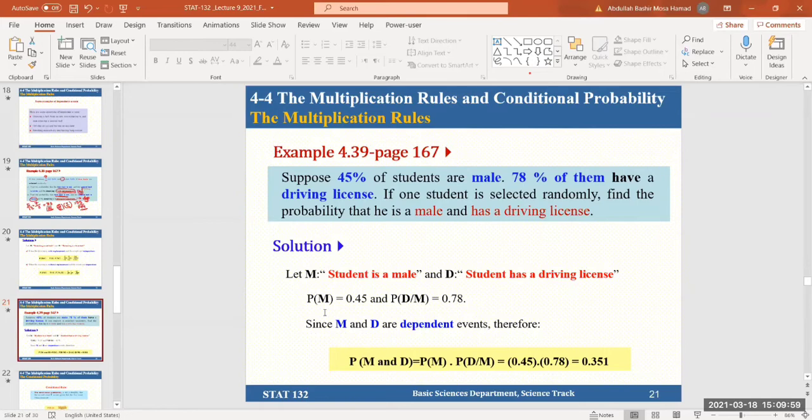P of a student male and having a driving license is equal to P of M multiplied by P of having a driving license, given he is already male. This is already given, 0.78. So we just multiply 0.45 by 0.78, which is 0.351. Clear?